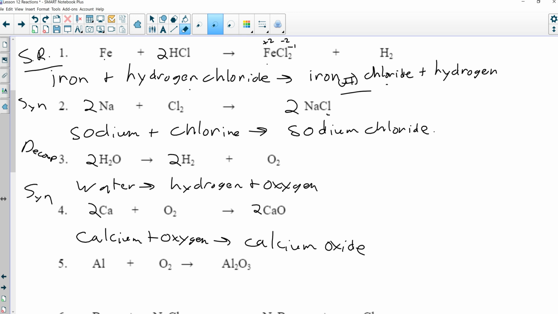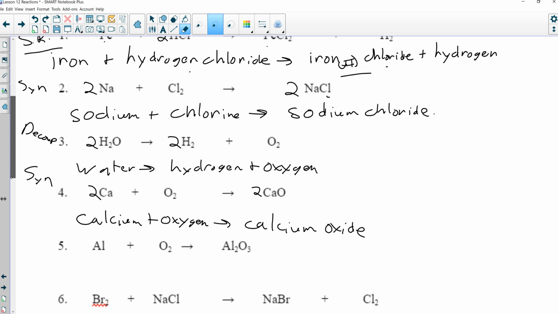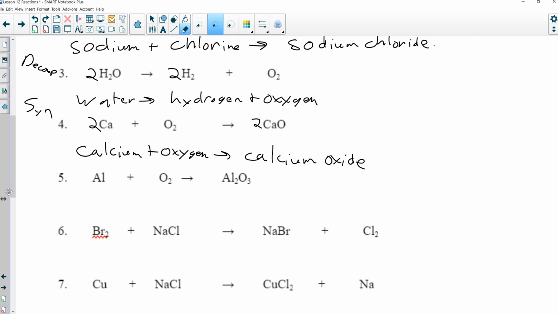Let's look at number 5, and then I'm going to put some that are word to formula up here. So this is aluminum plus oxygen gives us aluminum oxide. The balancing on that one is maybe a little bit trickier.